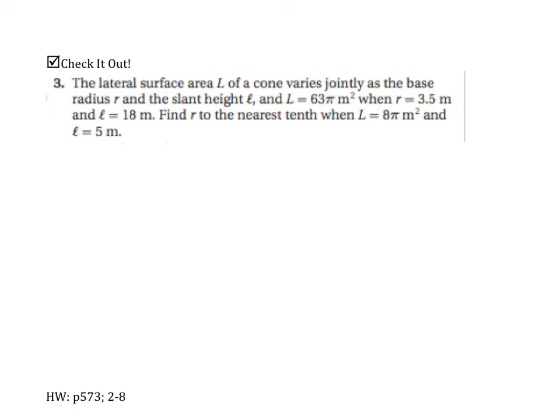So trying this, we have lateral surface area L varies jointly as the base radius and the slant height. We find k. And r is 3.5 and the slant height is 18.